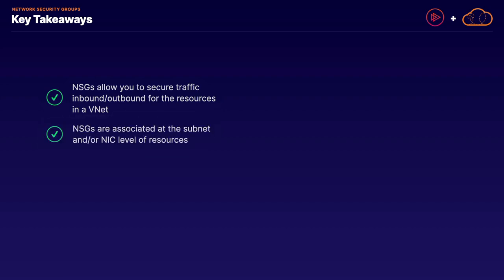And these NSGs are associated at the subnet boundary, which means that they then apply to all network interfaces of every resource inside that subnet, or we can apply them specifically at a single network interface, just impacting specifically the resource associated with that network interface.